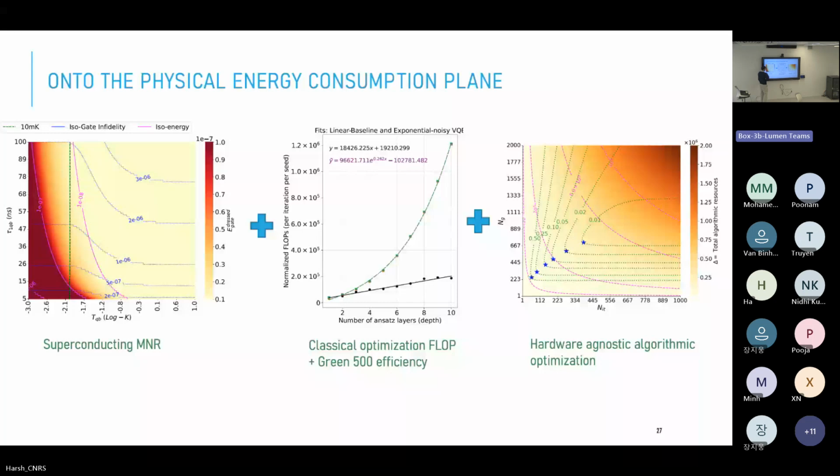There are optimizations to be done, which can be done on the circuit level and also the chip level, like the hardware chip. But we cannot have access to them right now. What I theoretically show here is that you can merge the concept of chip-level optimization, that is, how much temperature my chip should be at, or how lengthy my gates should be, with the energy cost of classical optimization and the hardware-agnostic optimization of resource cost that we did.